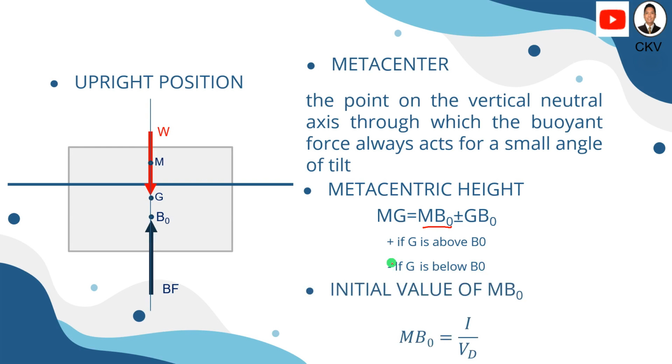So to determine the initial value of MBO, or the distance from the metacenter to the center of buoyancy, we can compute that as the ratio of the moment of inertia divided by the volume displaced.